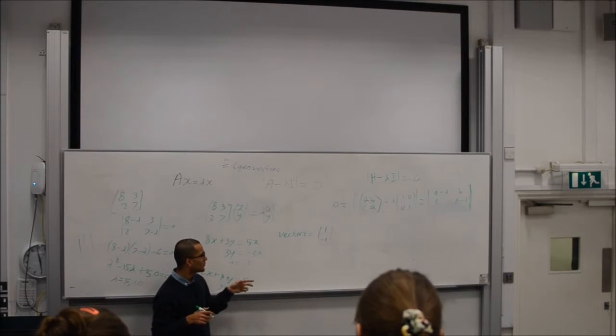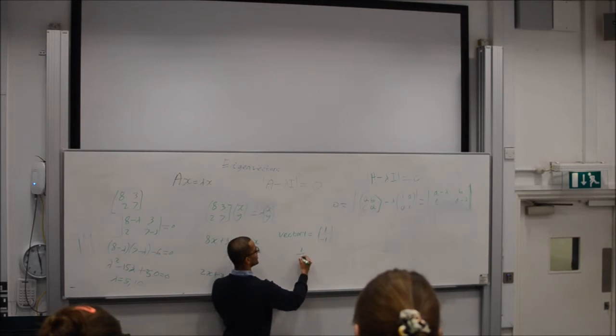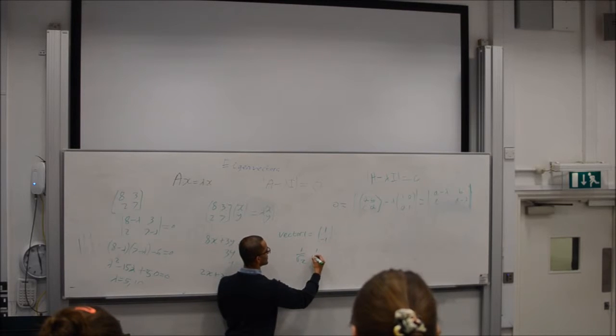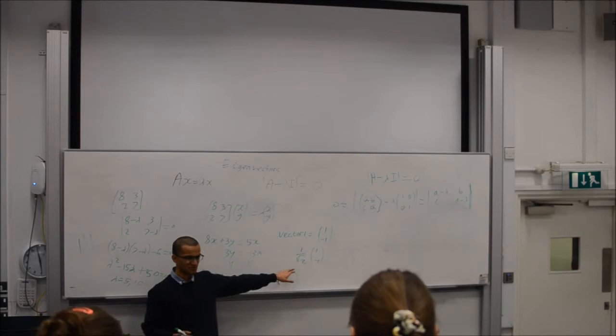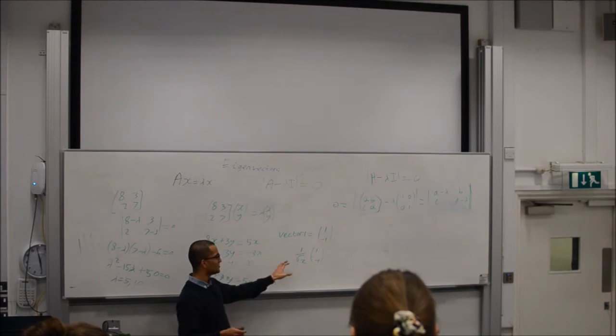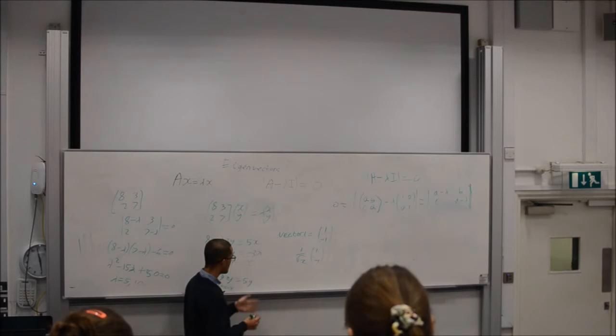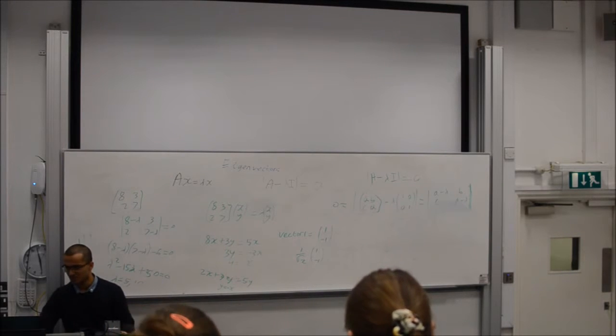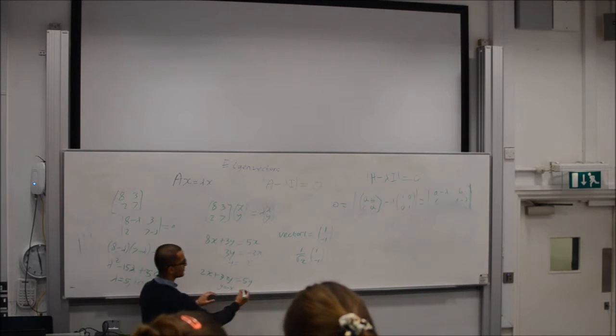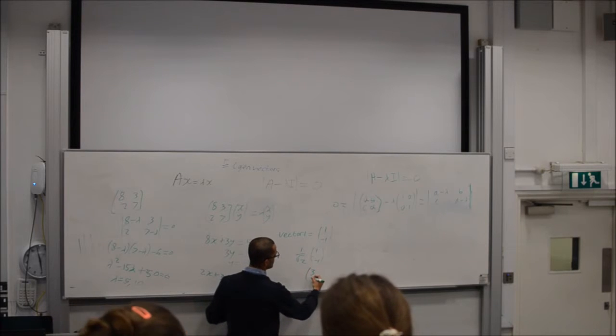If you wanted to, you could also normalize it, which means it has a magnitude of 1, and that tends to help because it won't mess up the magnitude of the rest of your equations. Then you do the same thing for the second one. I'm sure you've seen this before. The second vector is 3, 2.